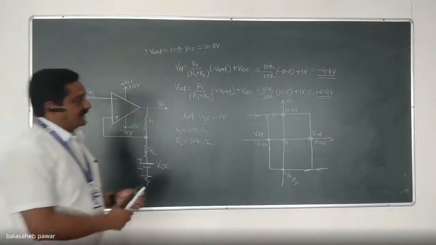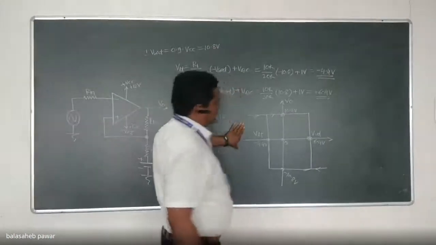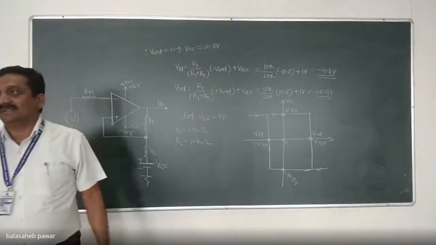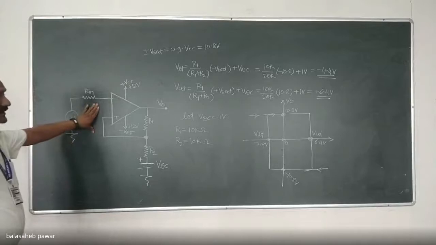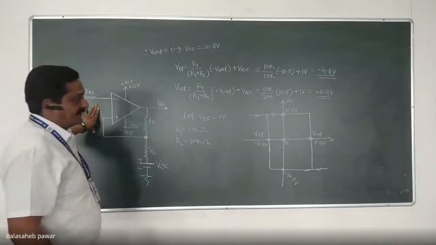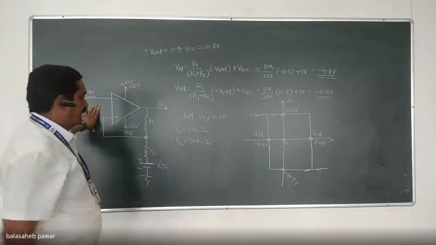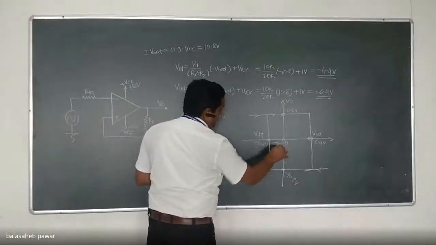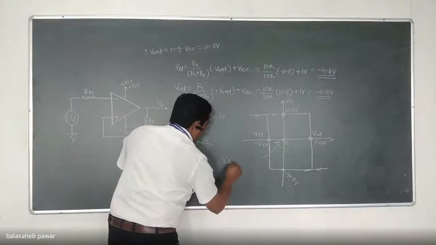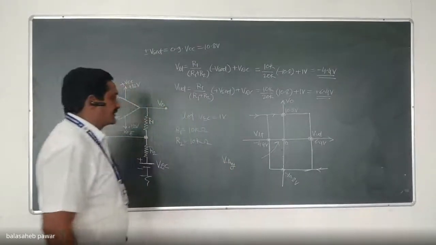So as that hysteresis curve will not be symmetrical about the origin, that's why such a type of Schmitt trigger is known as an asymmetrical Schmitt trigger. And here we can again calculate the lastly discussed point, that is nothing but VHY, the hysteresis voltage.